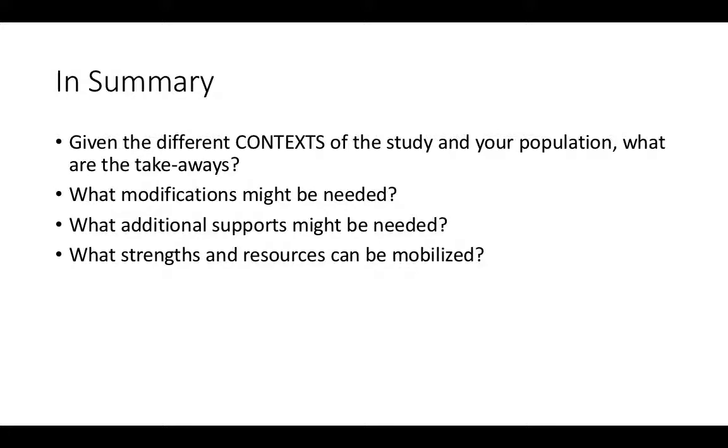So thinking about the context of the study that you're reading and the context of the sample, what are the takeaways? What modifications might be needed? What additional supports might be needed? What strengths and resources can be mobilized?